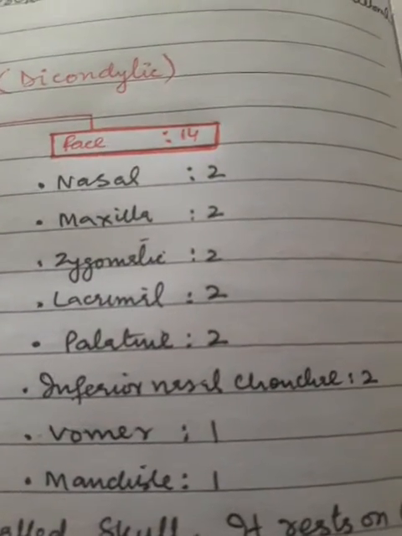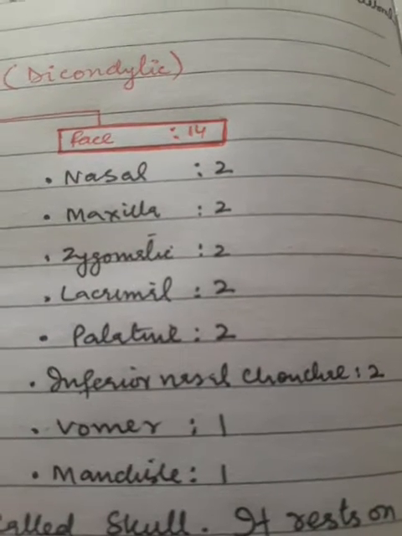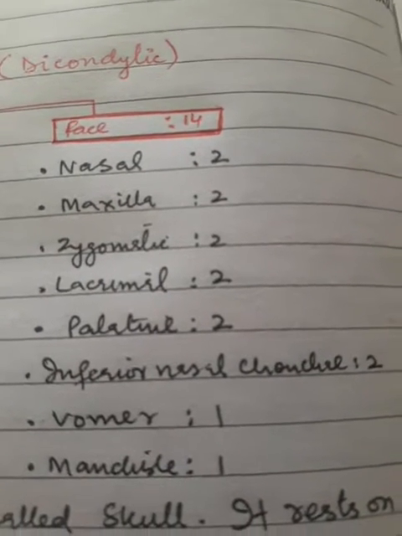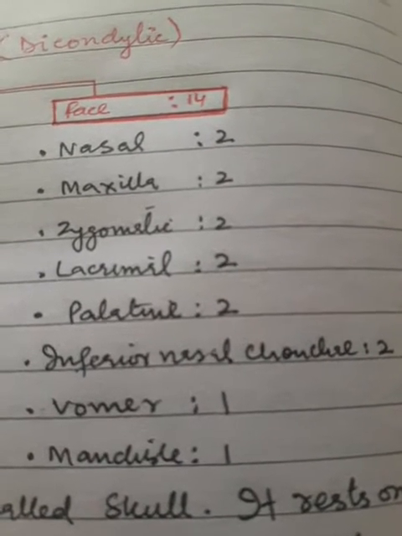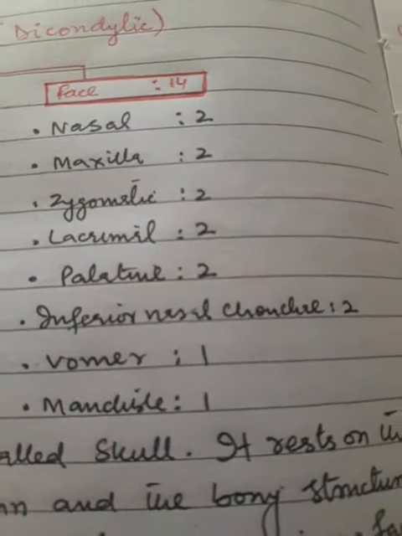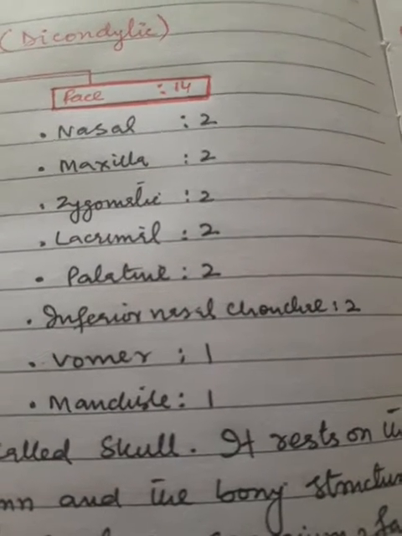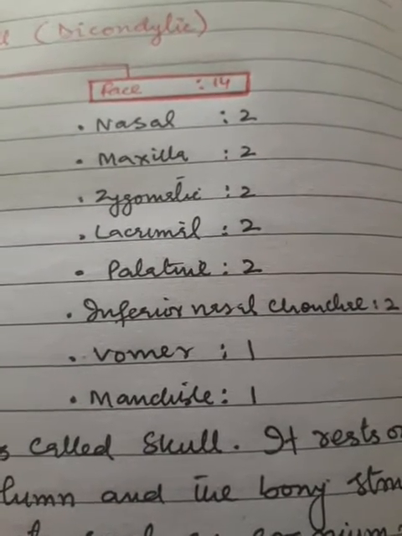And the face, having 14 bones, has the breakup like this: 2 nasal, 2 maxilla, 2 zygomatic, 2 lacrimal, 2 palatine, 2 inferior nasal conchae, 1 vomer, and 1 mandible bone.